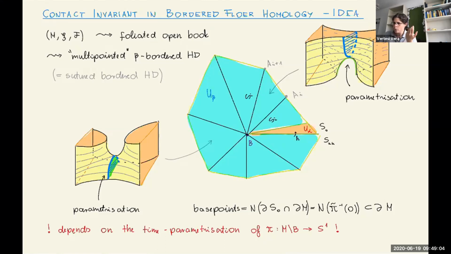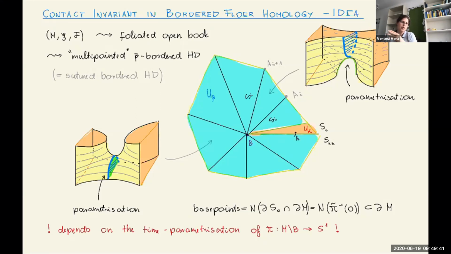Then, one not so nice aspect of the whole thing is that where the invariant lives depends on the time parameterization. Remember, you had a foliation on the boundary, but this foliation included the extra information that it's a level set of some Morse function. This is included in the whole picture.